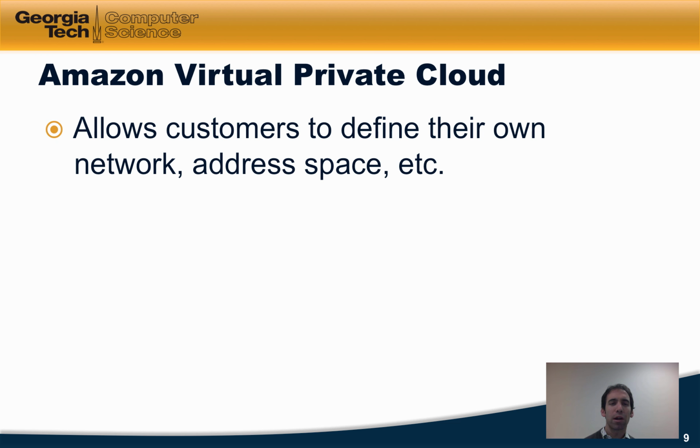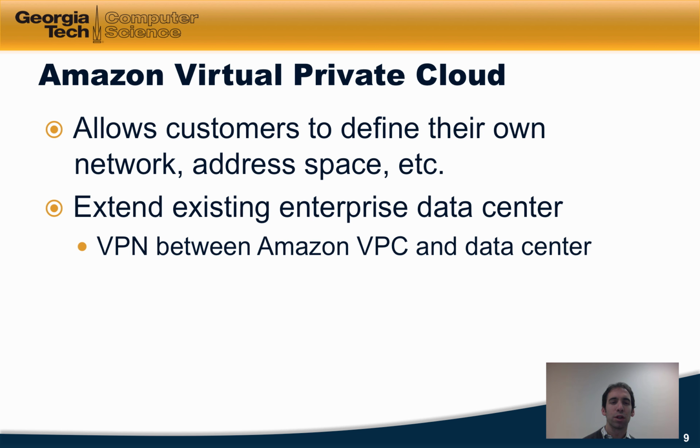The virtual private cloud effectively allows each customer to define their own network, address space, and so forth, and actually connect it to the physical network that they already have, typically using a virtual private network between the Amazon virtual private cloud and their existing data center.